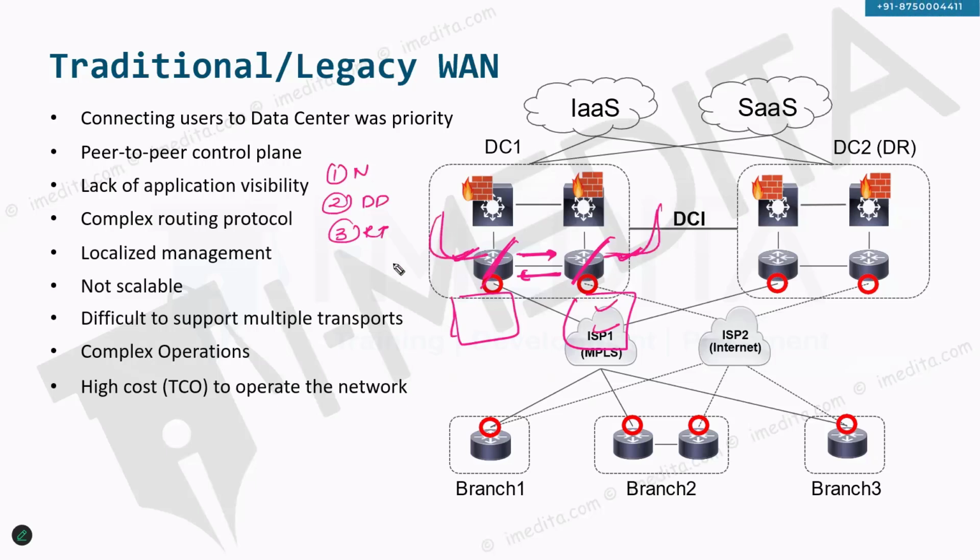Every device has its own set of control plane, management plane, and data plane. That is why each and every device must be configured manually, one by one, box by box basis. On each and every device, we will have to configure a control plane protocol, such as OSPF. Each and every device must maintain their own set of tables that can be looked up by the data plane when the forwarding needs to take place.